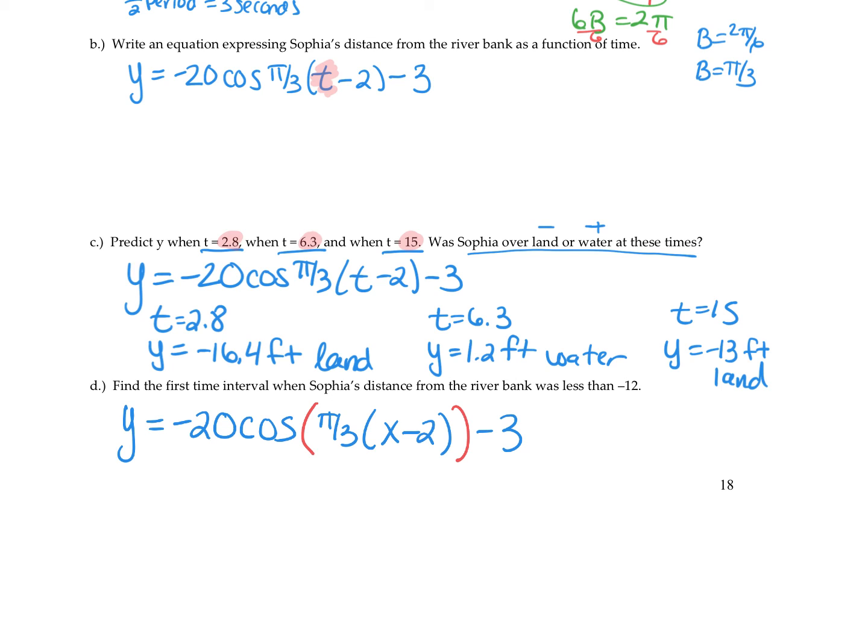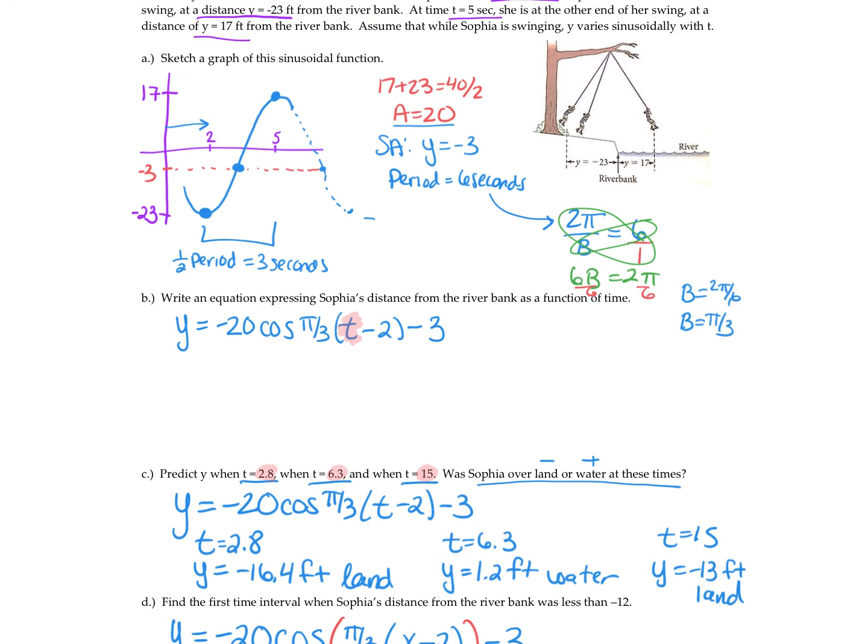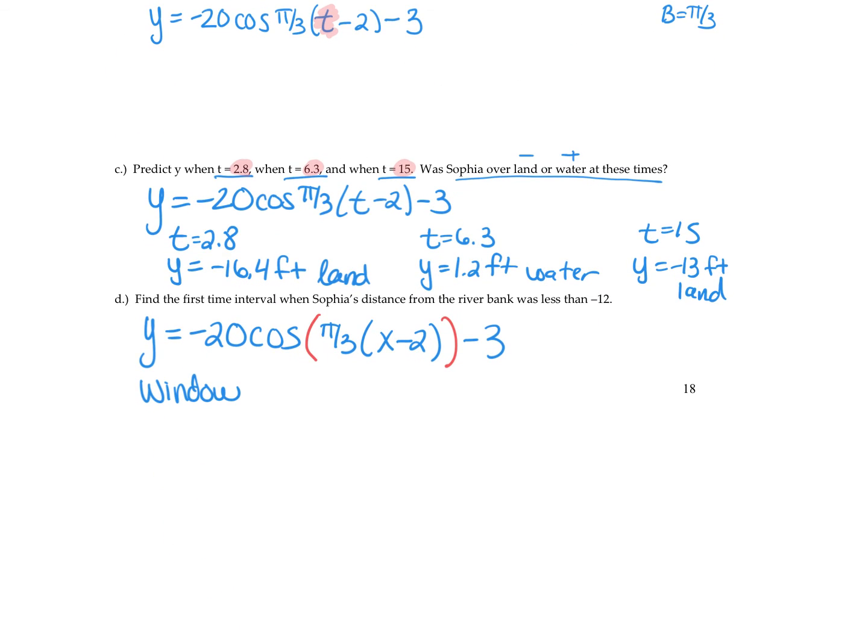It should look something like this when we enter it in our calculator. We also want to adjust our window based on the graph we drew in part A. My Y window would be from negative 23 to 17, and my X window is going to be from 0 to something past 5, probably all the way over to 15, because that's what we calculated in part C.